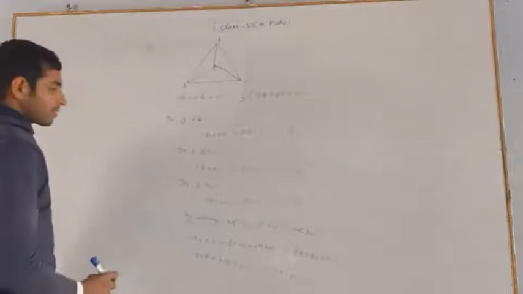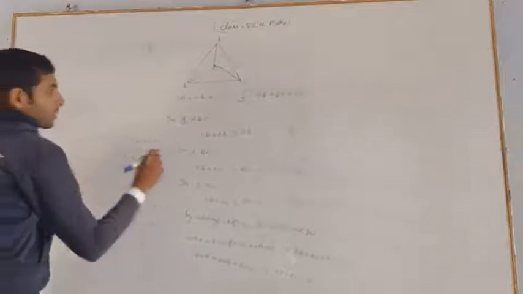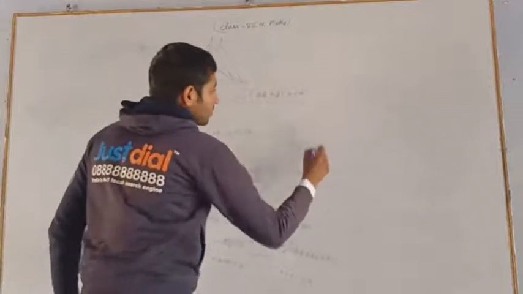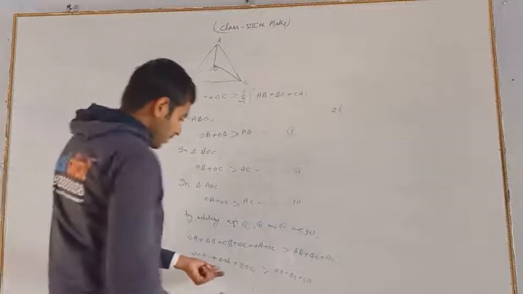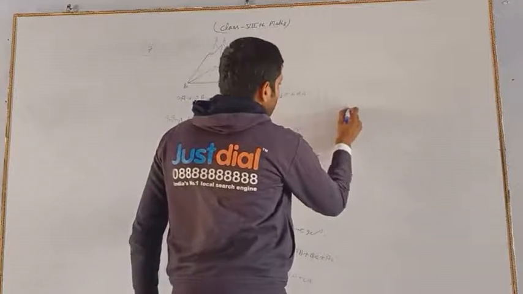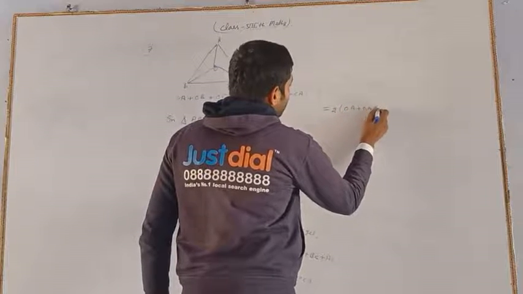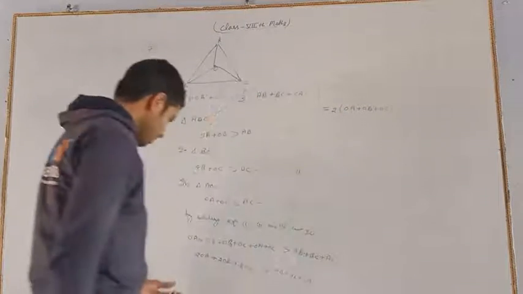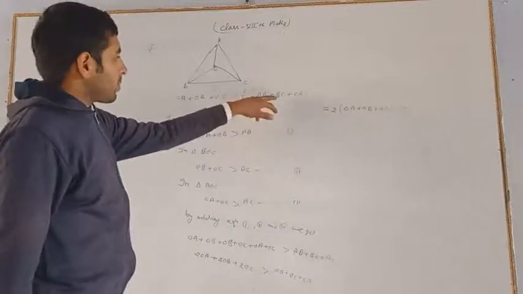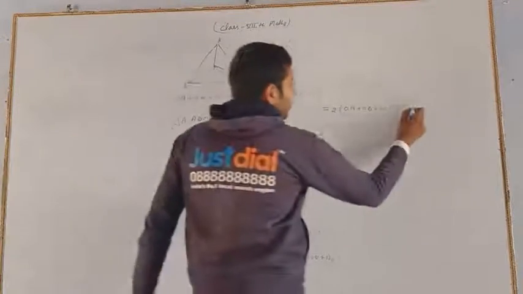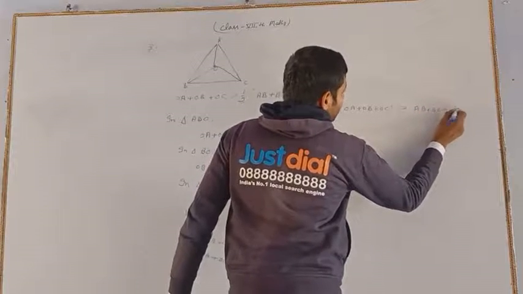From here we take 2 common: 2 into (OA plus OB plus OC) is greater than AB plus BC plus CA.